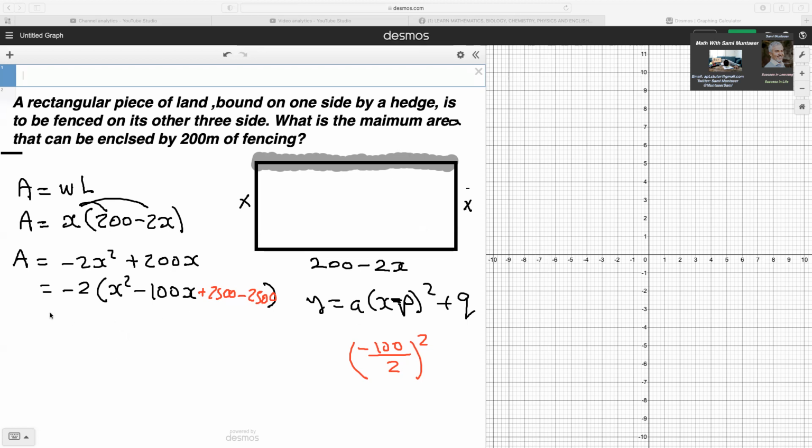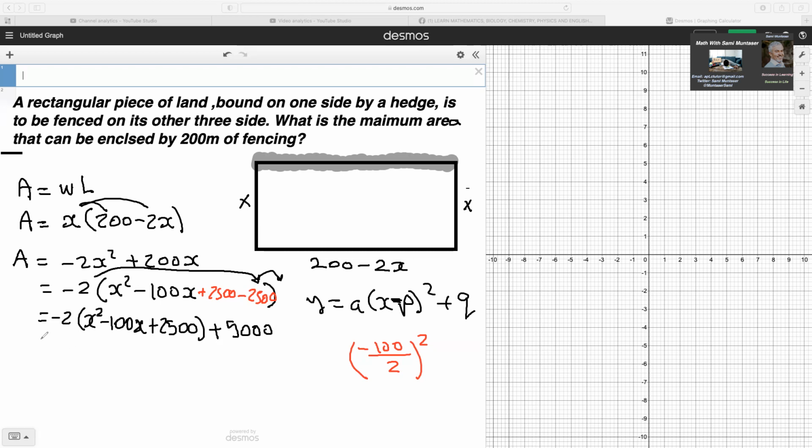So the first thing I'm going to do is keep -2x squared minus 100x plus 2500. I'm going to take this out, but when you're taking it out, remember to multiply it by the -2, which gives me positive 5,000. Negative times negative is positive 5,000.